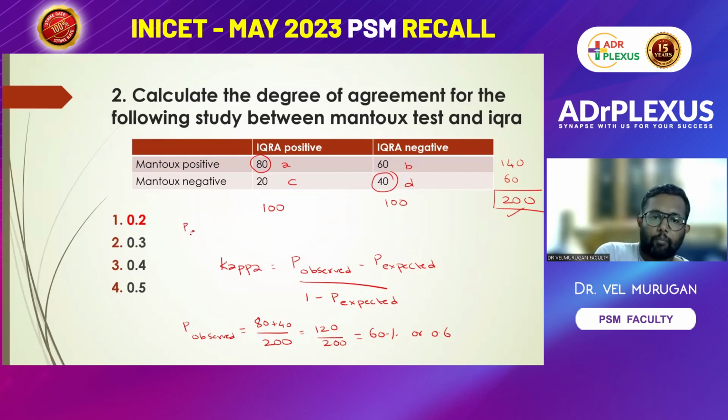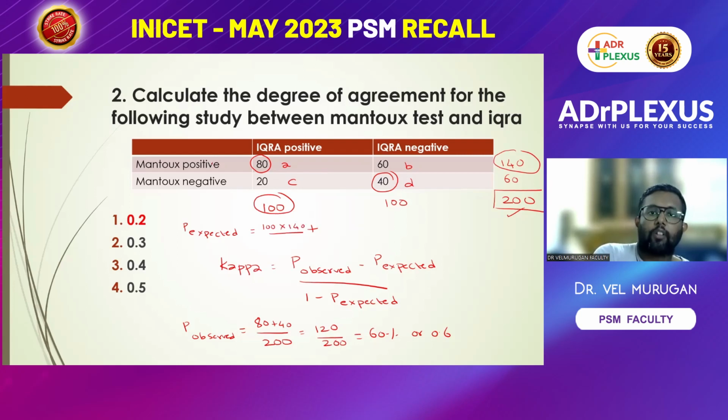Next, for calculating the probability of expected, we need two things. First we will take positive and positive: row total into column total divided by grand total. So first row total, first column total.